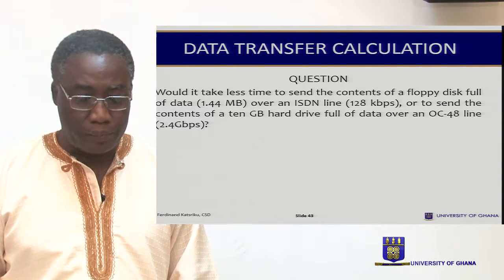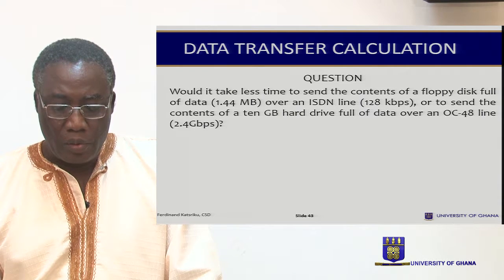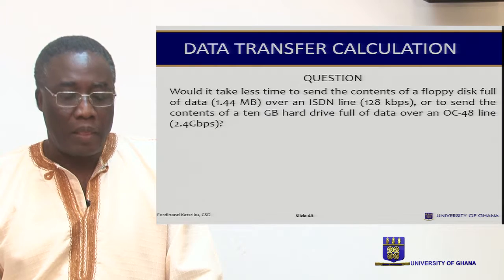Something to think about. Try to answer this question using the formula that we came across, T equals S divided by B, the size of the file divided by the bandwidth. Be sure that you have the units correct.